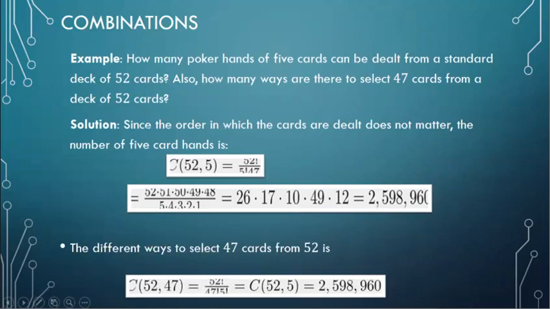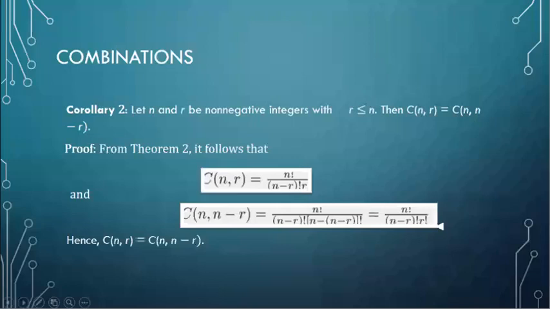Now, apart from that, NCR is also equal to NC n minus R. If you remember our question, from the earlier problem, we noticed that 52C5 is equal to 52C47.